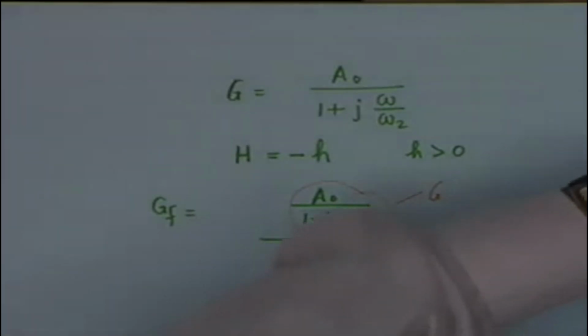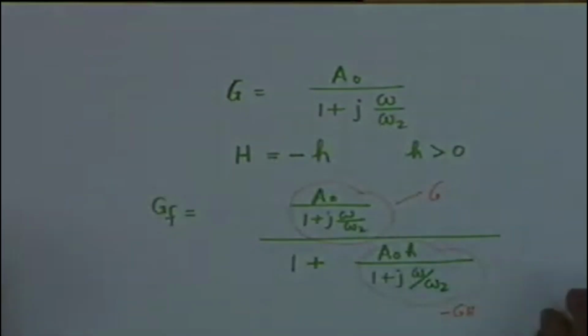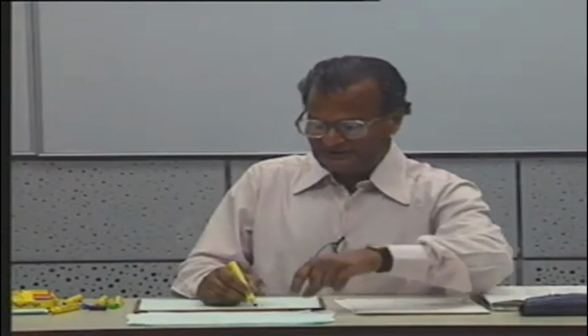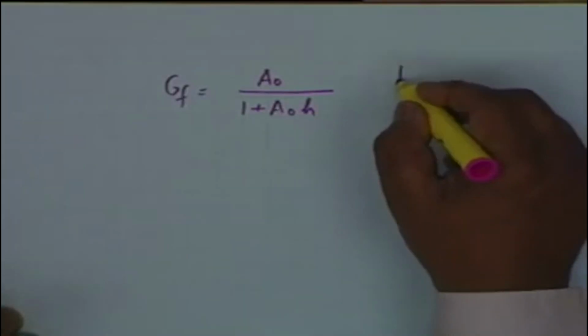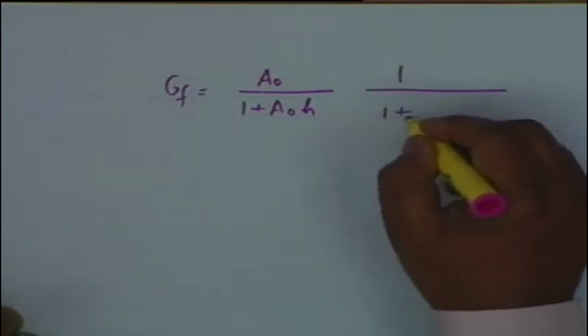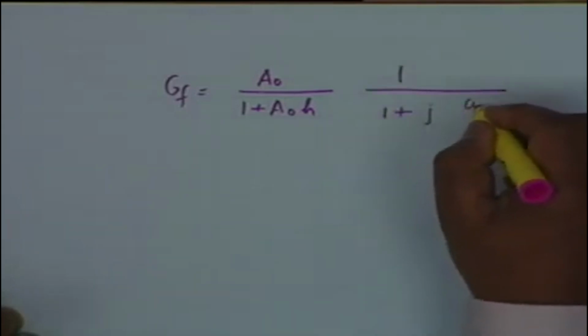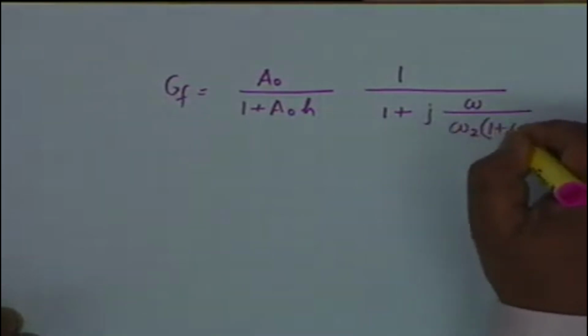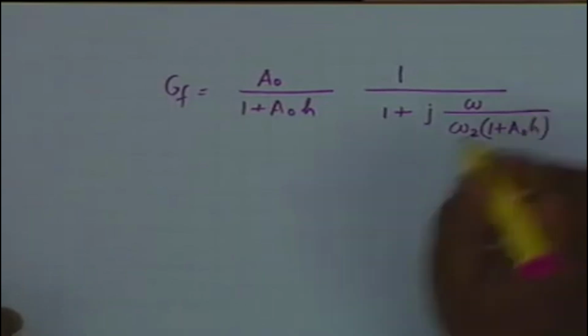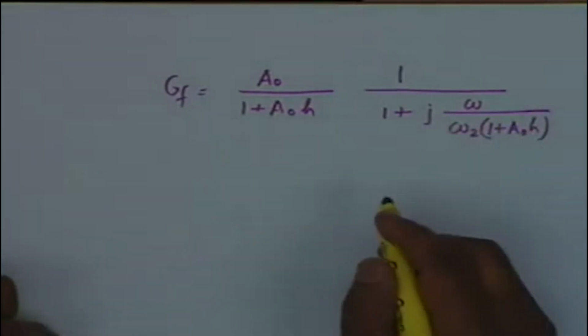Now, if I clear this of the fractions, you can very easily do this algebra. You can show that GF is nothing but A0 divided by 1 plus A0 h, times 1 by 1 plus j omega divided by omega 2 times 1 plus A0 h. If you clear the algebra, this is what you will get.